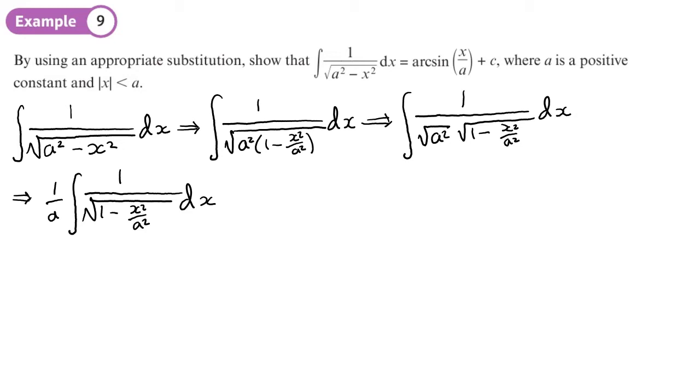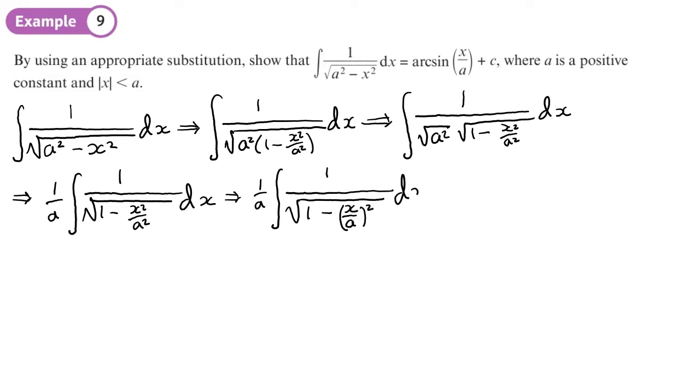Now here comes the substitution. Remember, they all had x squared in the standard results at the end. So just to make the substitution really clear, I want to write this as the square root of 1 minus x over a all squared.